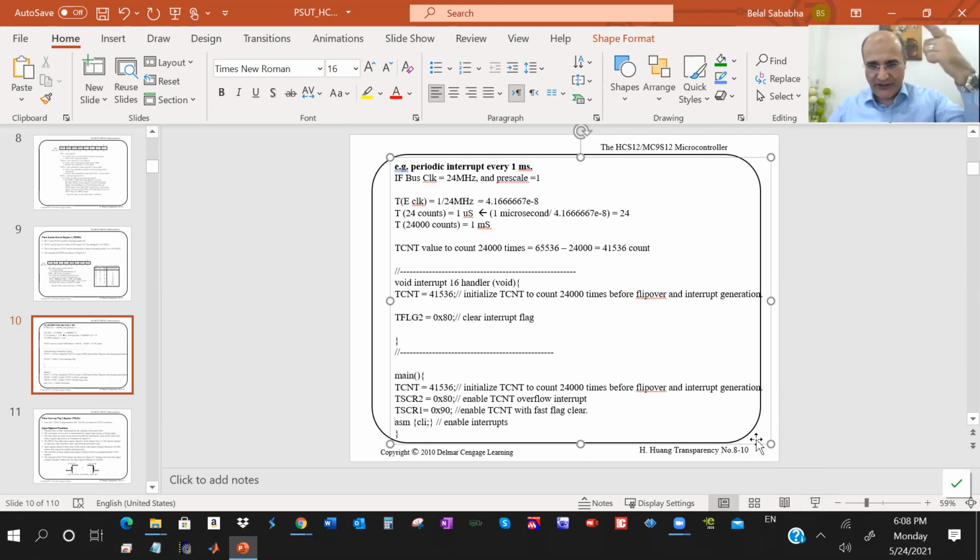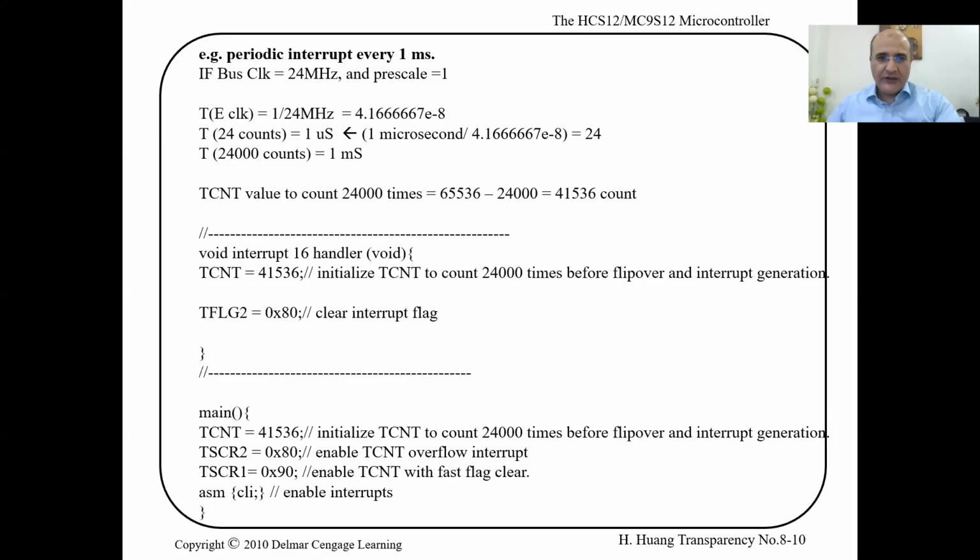In TSCR2, we enable the overflow interrupt. We enabled the overflow interrupt, but we did not start counting yet, so no interrupt will happen. Then we start counting by writing 90, the value we just computed. And then enable global interrupts.